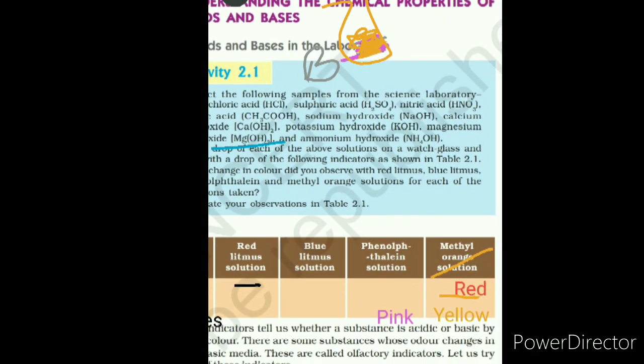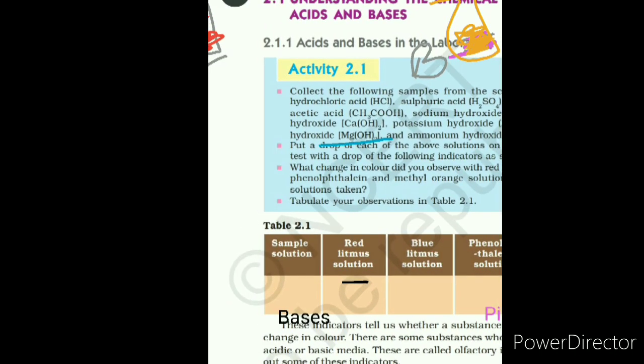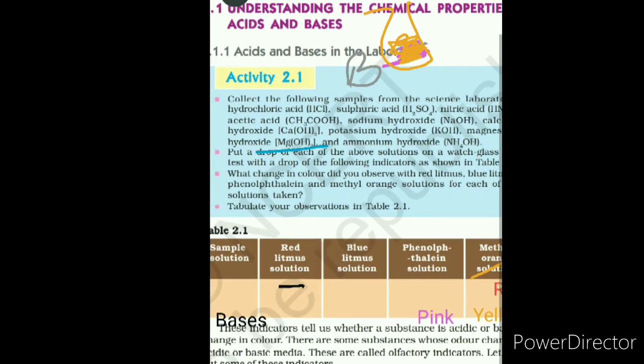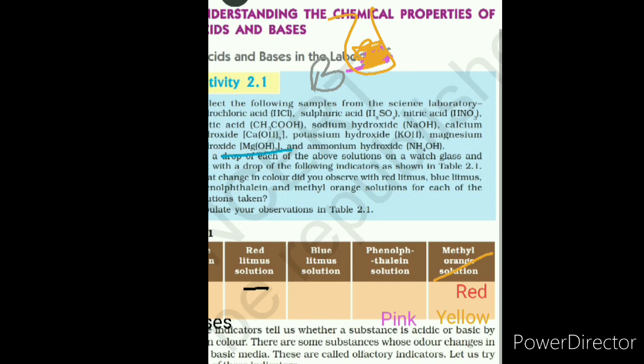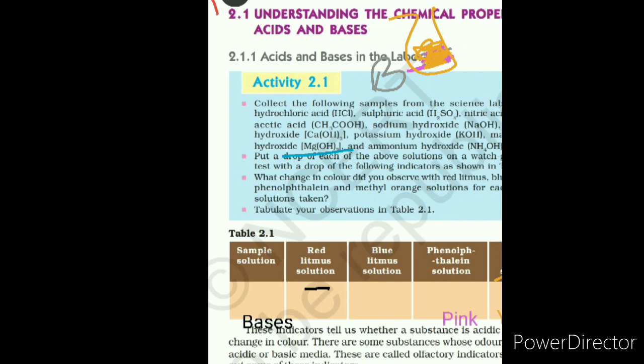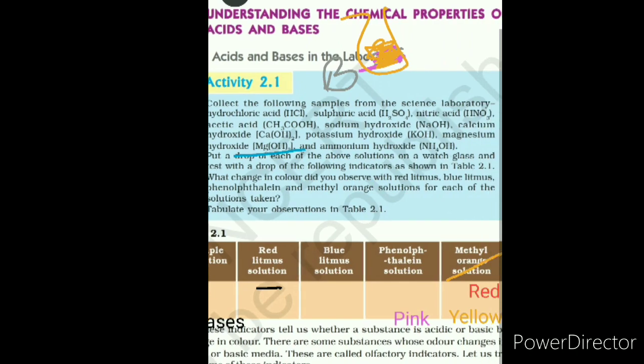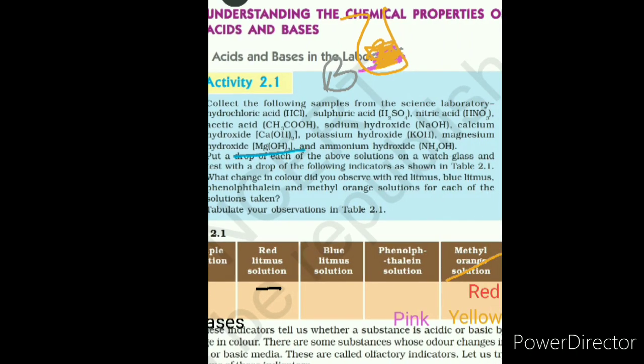When we add methyl orange to the acids, the acid solution becomes red in color. In bases, when we add phenolphthalein, the base solution becomes pink in color. But when we add methyl orange to bases, the base solution becomes yellow in color. So these indicators change the color of acids and bases, thereby indicating whether the substances are acids or bases.